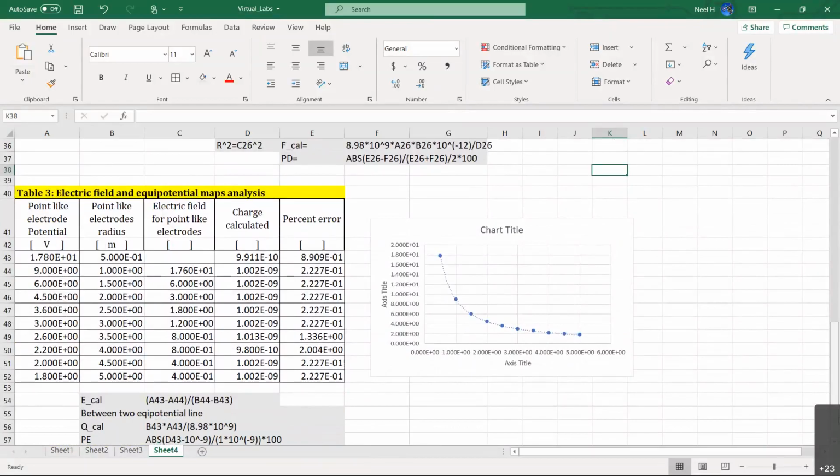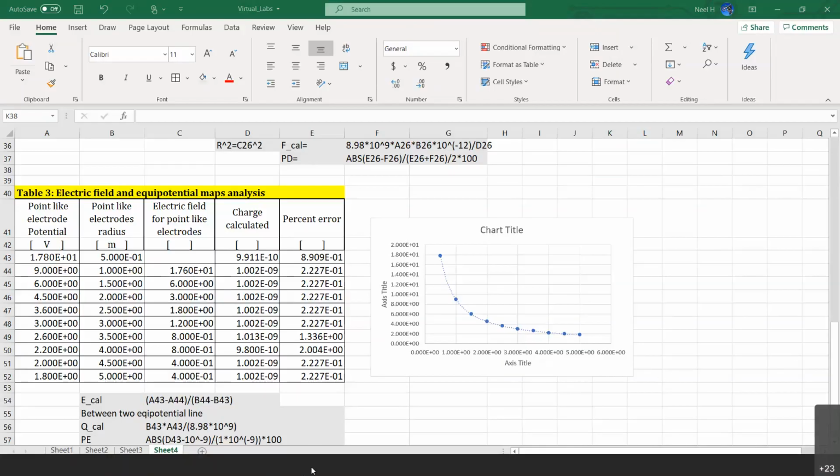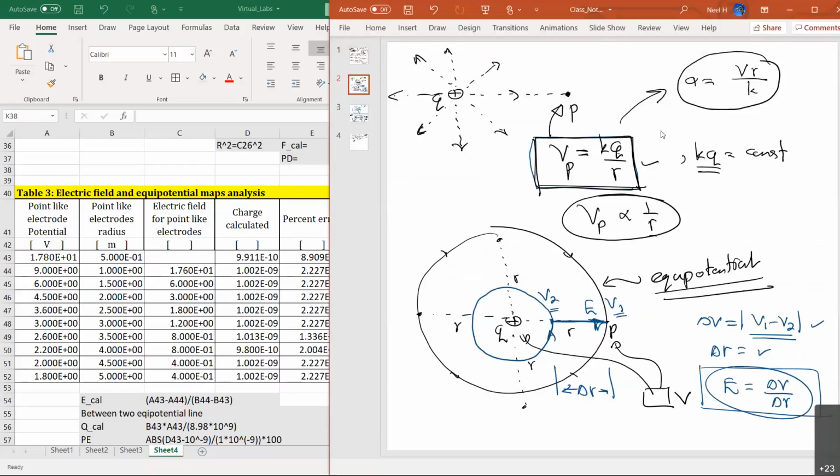Good, any question so far? Everybody okay with table number 3? Any question? X should be R, Y should be potential. So what we're testing here is actually this, right?